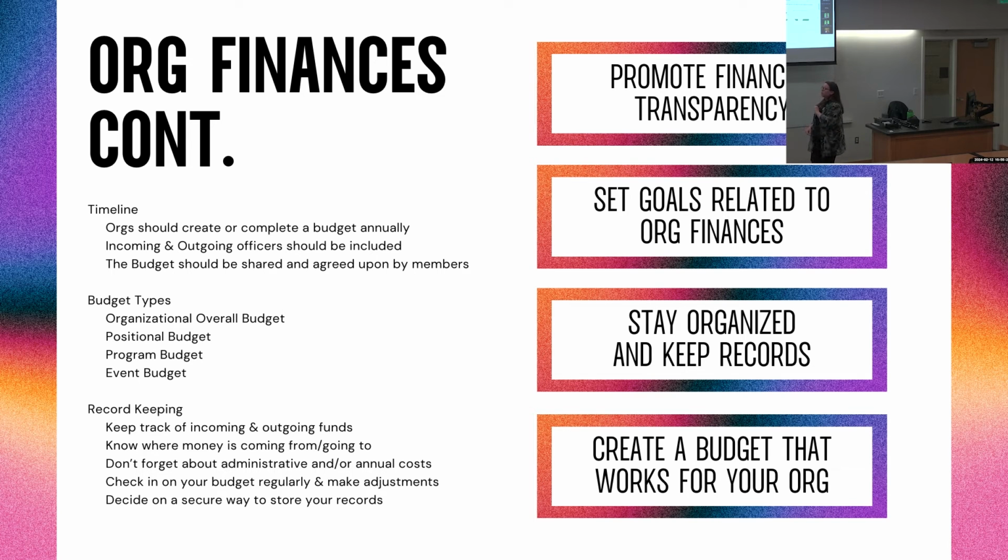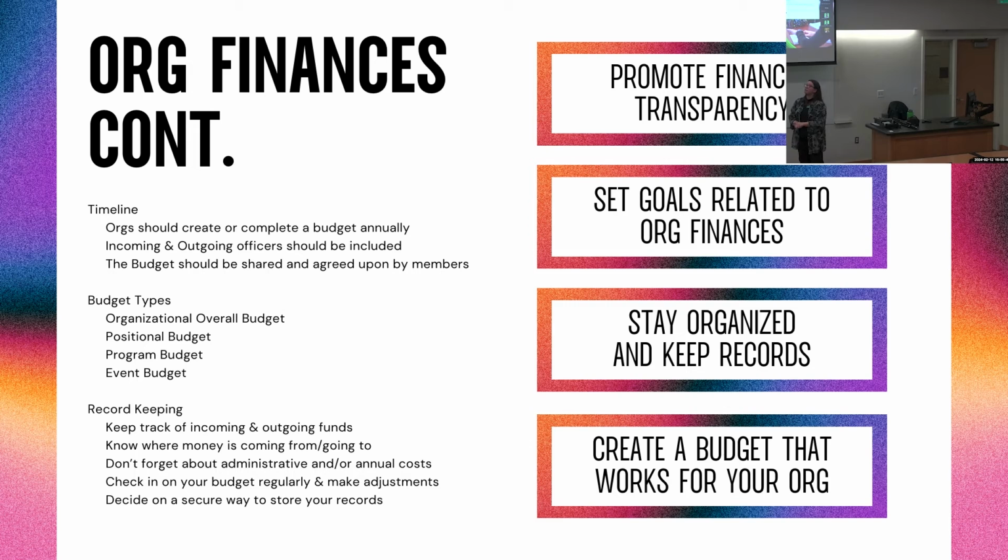But you can also break down your budget through a positional budget where the president gets X amount of money, the secretary gets X amount, the new member educator gets this amount. Or you can do a program-based budget where you're allocating a certain amount to recruitment opportunities, a certain amount to social opportunities, member development, everything like that.